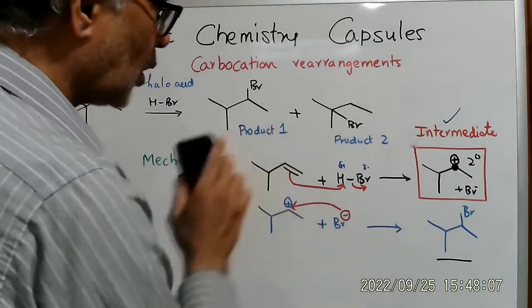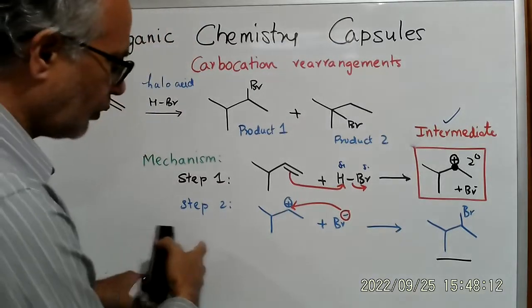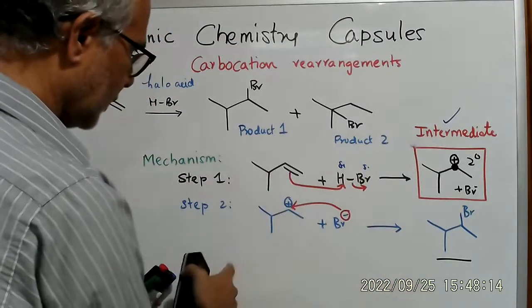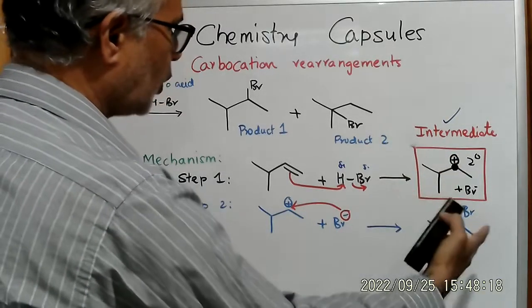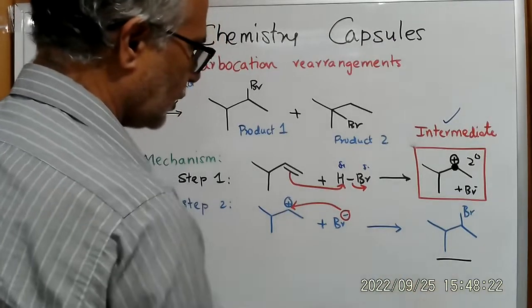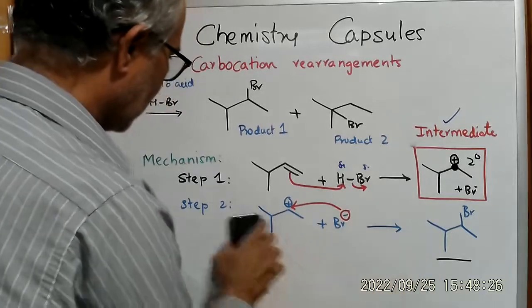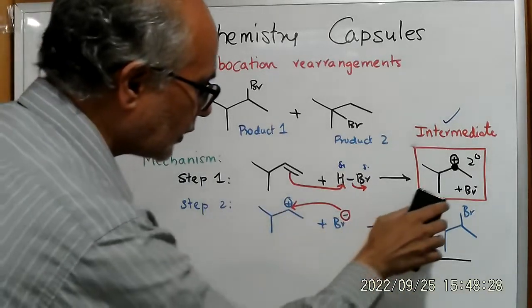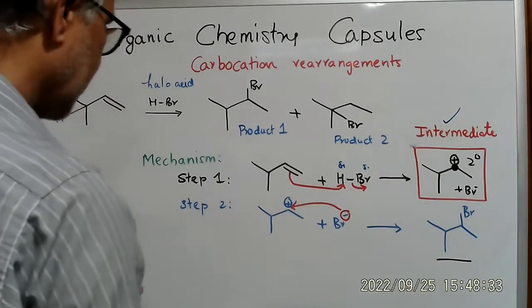But how does product 2 form? In the mechanism we proposed an intermediate carbocation, and bromide reacted with the carbocation to form product 1. In order to form product 2, the carbocation that formed initially should somehow migrate.